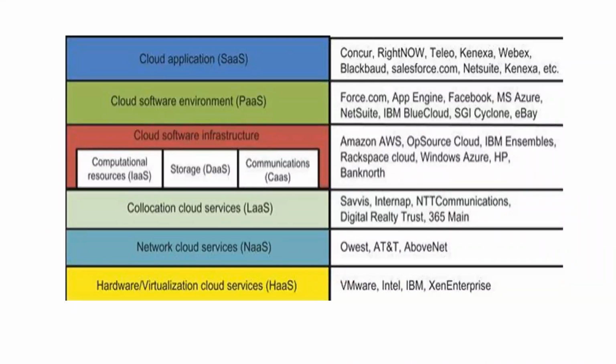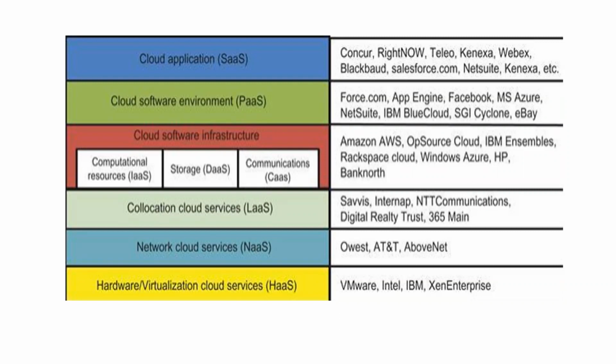Okay, we will see this diagram. The bottom layer is hardware or virtualization cloud services. On the right side of the table, we are seeing the companies which are providing these kinds of services.